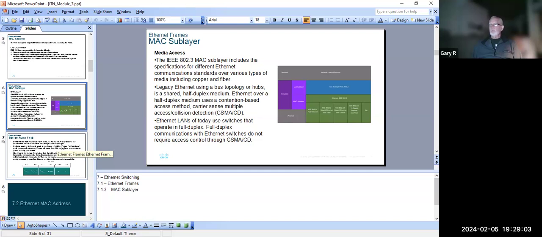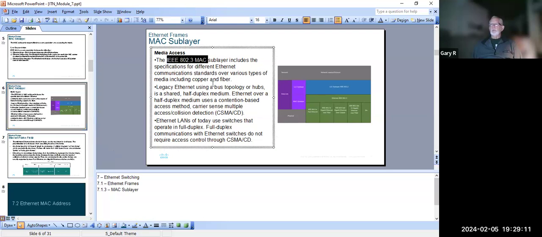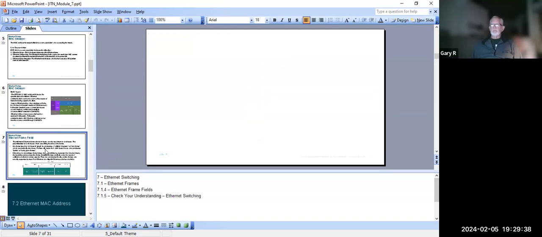And de jure has nothing to do with French, it means law. So these are standards de jure. In other words, there's been some organization that actually created these and causes them to be implemented in certain instances. Whereas Ethernet II, the frame type that we see predominantly in Ethernet networks, is a standard de facto. In fact, it's a standard, but it's not designated by any particular entity as having to be the standard.